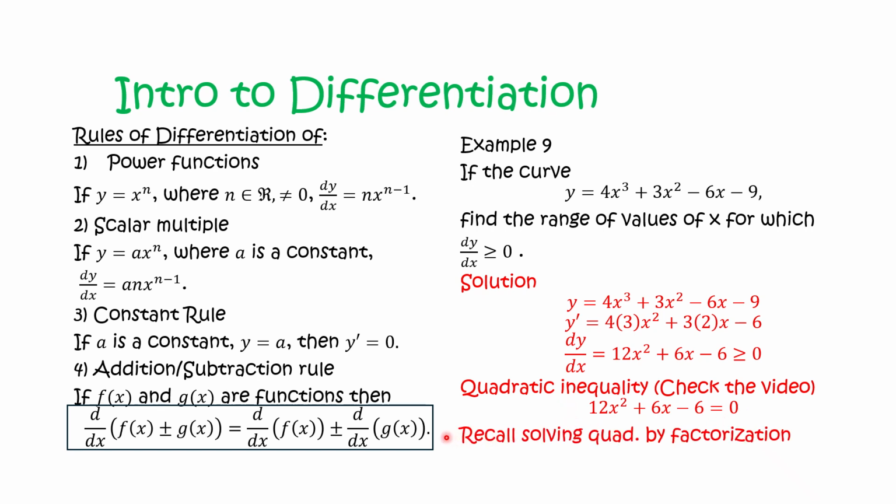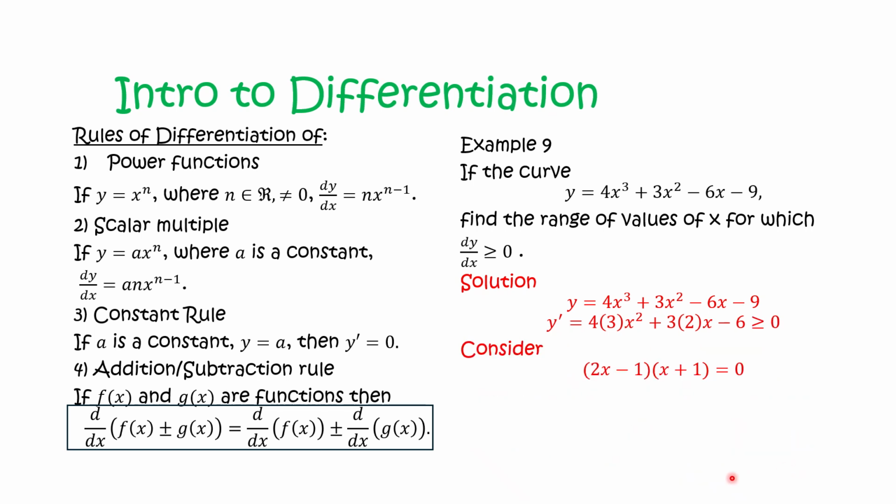Now dividing throughout by 6 and also factorizing, we have 2x squared plus x minus 1 is equal to 0. Factorizing, we have 2x minus 1 times x plus 1 is equal to 0. And I encourage you to check out the quadratic factorization video that we covered.